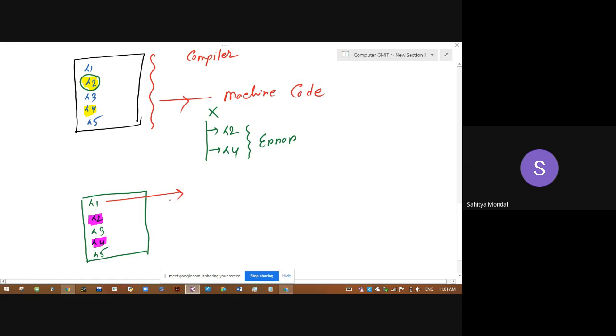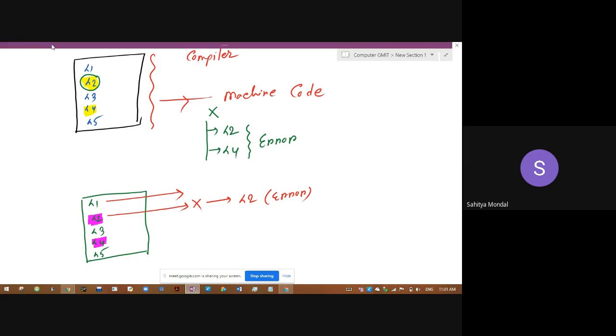So the first line will be converted to machine code. When it is successful, it will come to the next line. When it finds a glitch in line number 2, the interpretation process will stop at line number 2, and it will give a report that L2 consists of an error, and all the rest of the lines will not be executed until and unless you clear the error on line number 2.